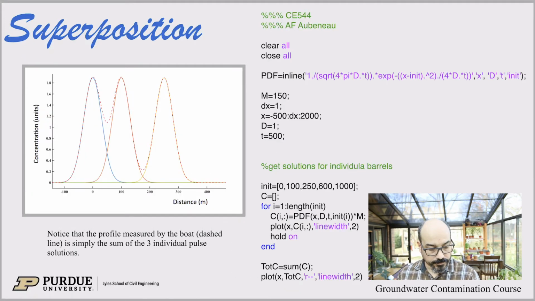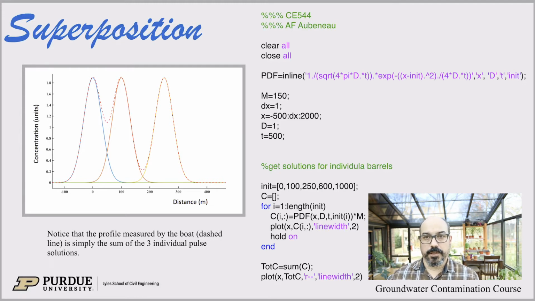Now, the bottom line of this is that you can take a pulse solution, like I described in the previous lecture, the fundamental Gaussian solution for a pulse, and you calculate this for each of those 3 barrels.